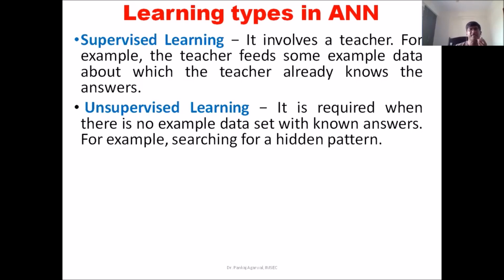So what we do is we have the data. We try to formulate some kind of similarity or some kind of connection within the data in order to find some kind of classification, or in order to find some kind of similarity among the data. And then we say that yes, this input can be put in this kind of output, or this input can be put into some other kind of output.